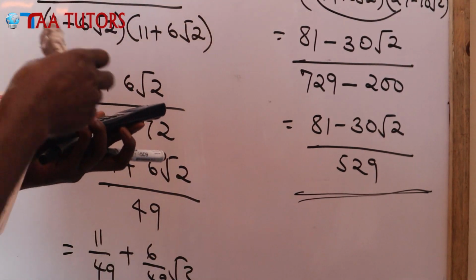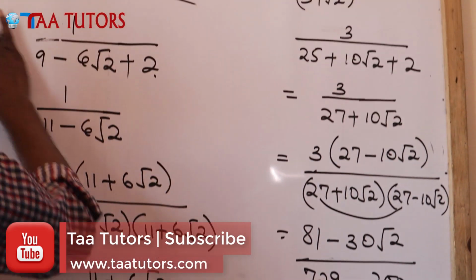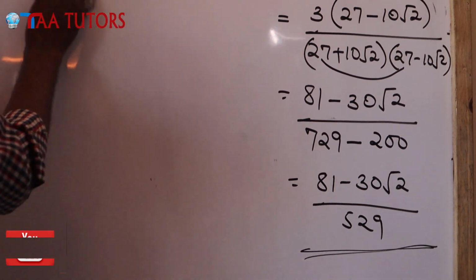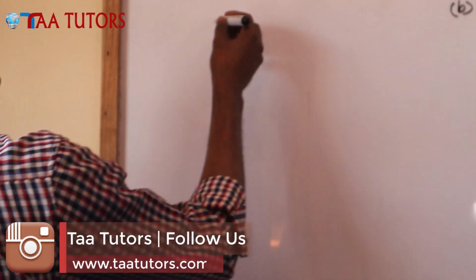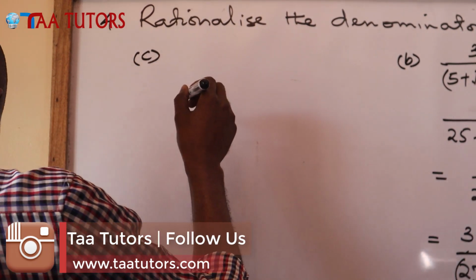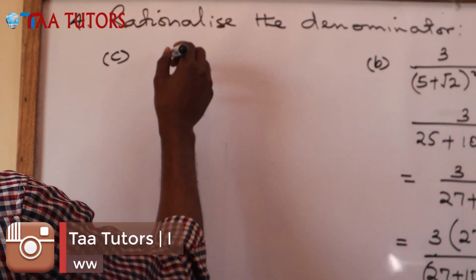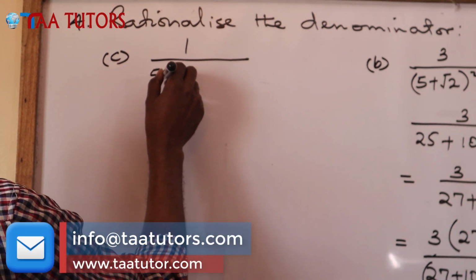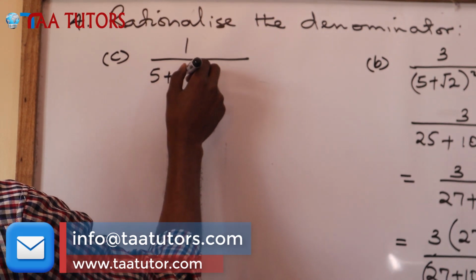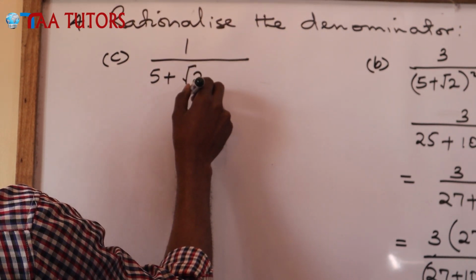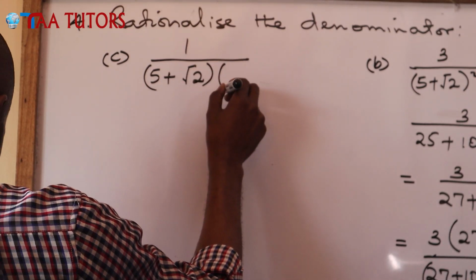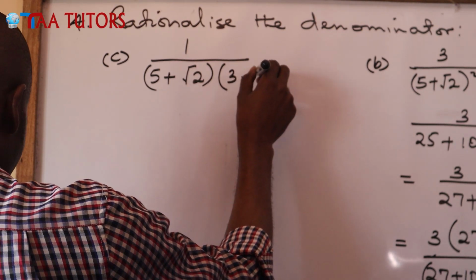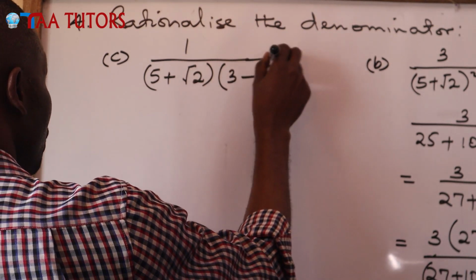What about if you have a case like this? It is much easier. If you have a case like this, the case is C, which is 1 over 5 plus √2 into 3 minus √2.